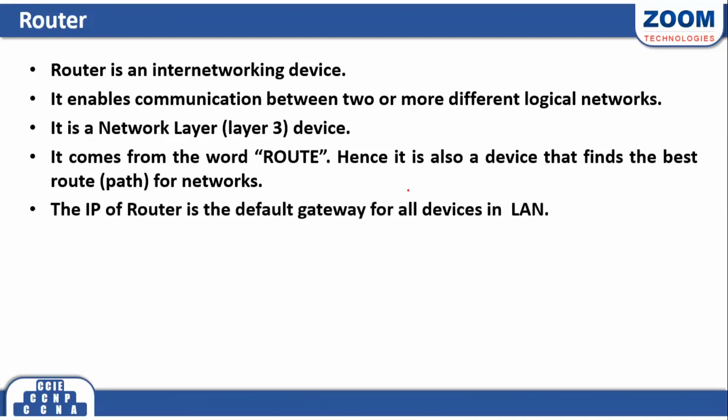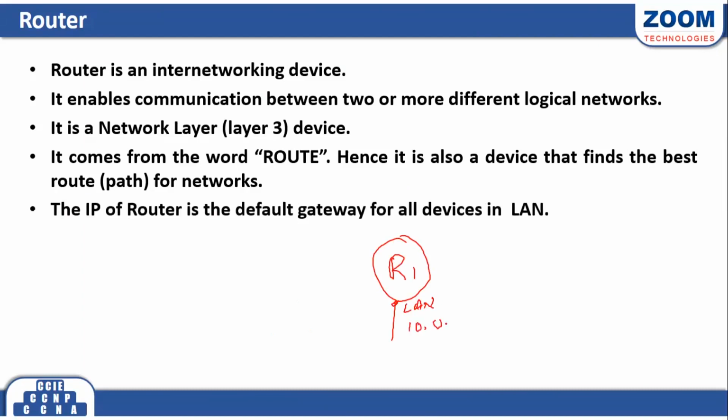Whatever IP address you assign for the router, that IP address will be the default gateway for all devices in the LAN. Generally, the first usable IP address is dedicatedly assigned for the router. This is R1, router 1. Router 1 LAN port IP address.